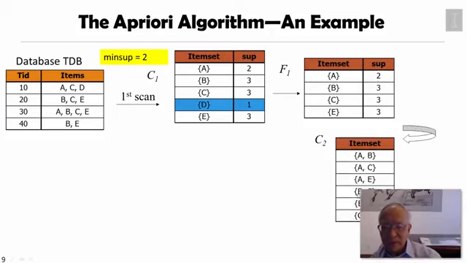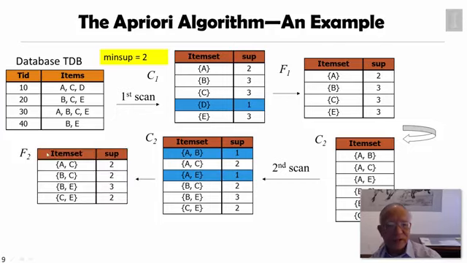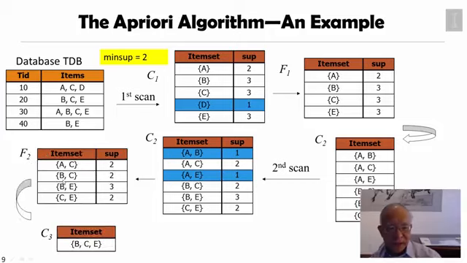Then we use this to derive the candidate 2 item sets, C sub 2. Then we scan the database again, and we find their real support count. Then we find these 2 blue marked ones are infrequent. We derive the frequent 2 item sets. Then using the frequent 2 item sets, we derive the candidate 3 item sets. Remember, here you can see a big cut. Why?